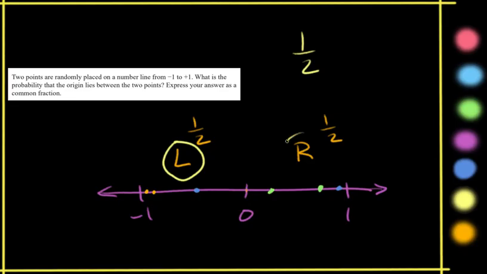And the same thing is true if the first was picked on the right. It's just the other half. So in either case, you have half a chance. And so the probability is just 1/2 that you're going to have those 2 points on opposite sides of 0.